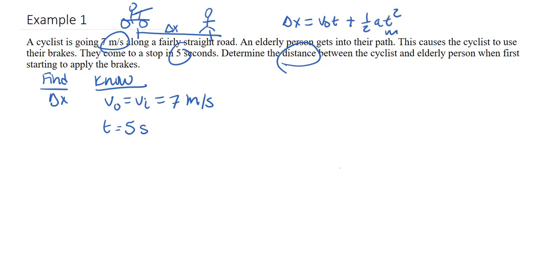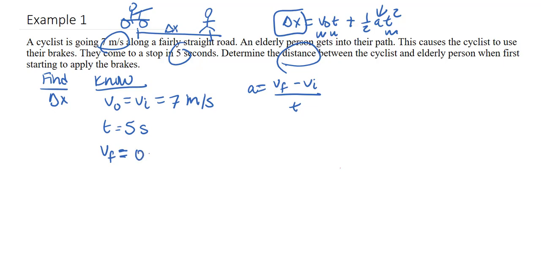If we know t, and we know our V0, and we're trying to find the change in x, the only thing we don't know is our a. So we need to solve for a. We know a is v final minus vi over t. So we have to solve for a in order to plug it in. Our v final is not completely told to us, we just have to filter it out.